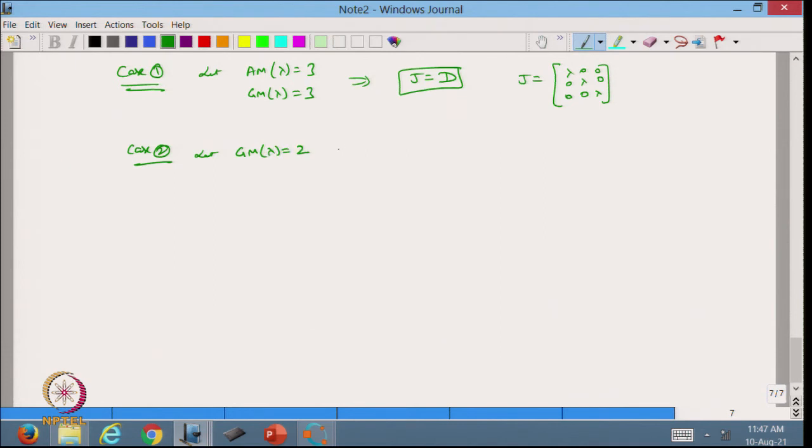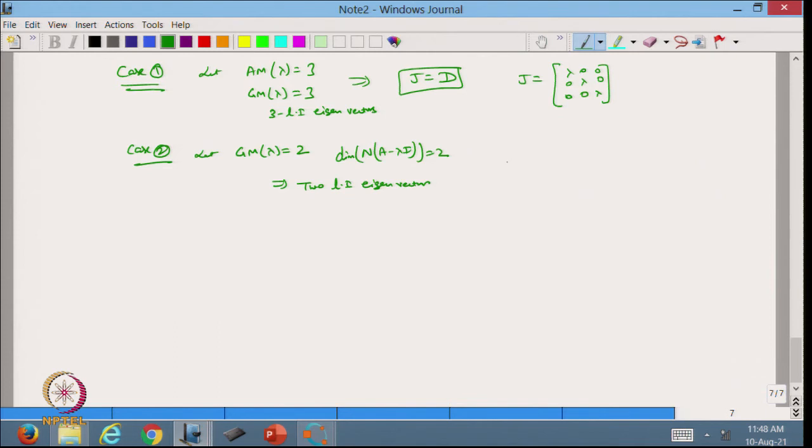It means that the null space of A minus lambda I has dimension 2, so we are able to find only 2 linearly independent eigenvectors, where we would need 3 linearly independent eigenvectors. Here I am able to find only 2 linearly independent eigenvectors.